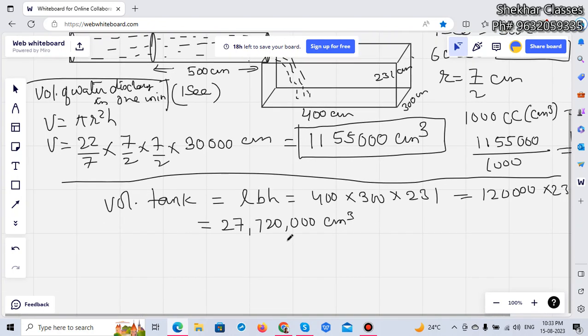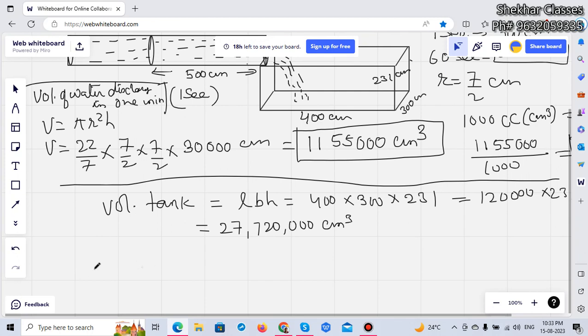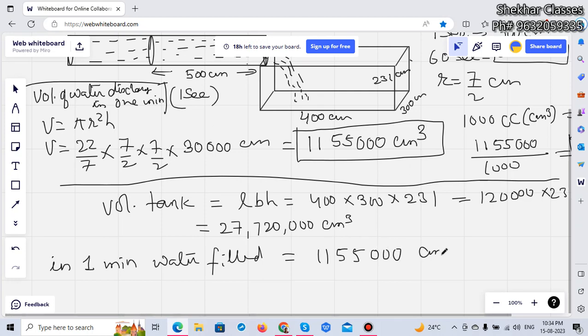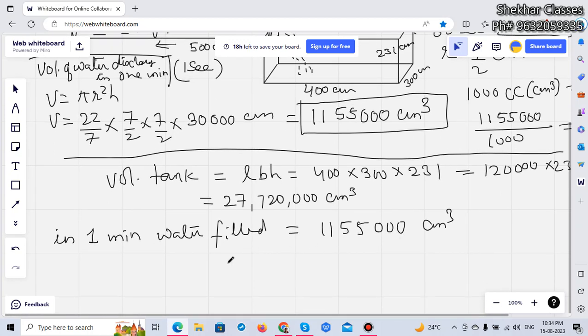This much. So we can write unitary method here. In 1 minute, how much of water gets filled? 1155000 centimeter cube.